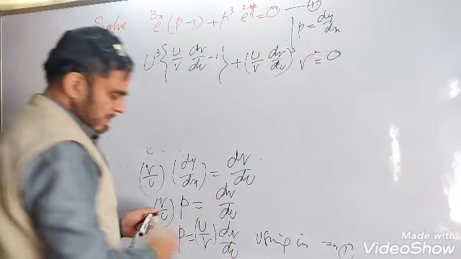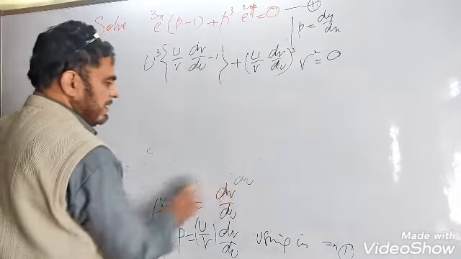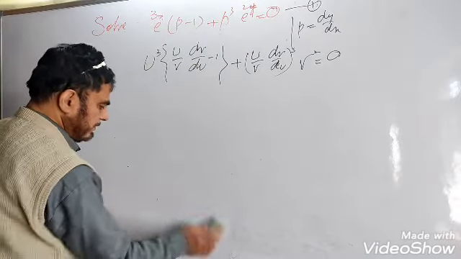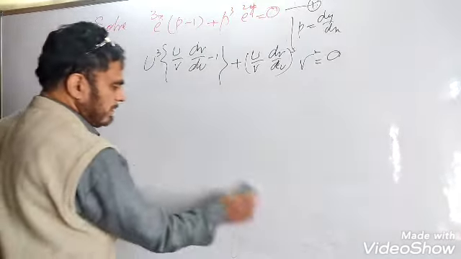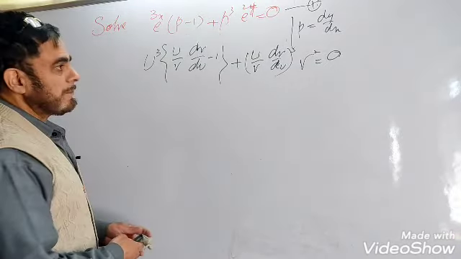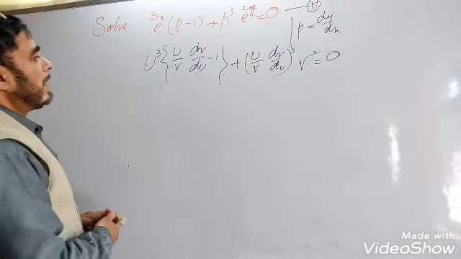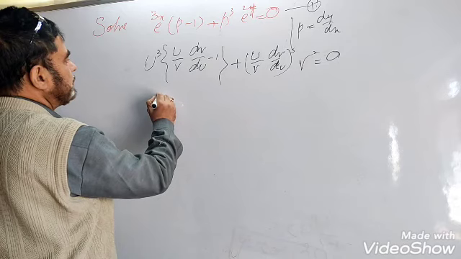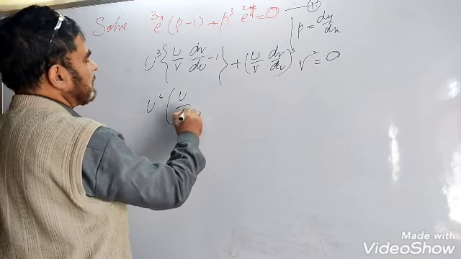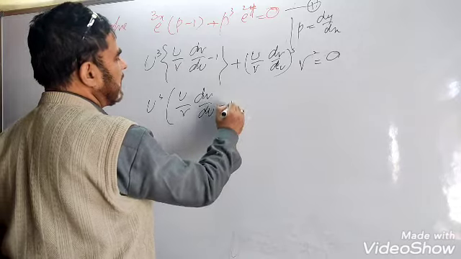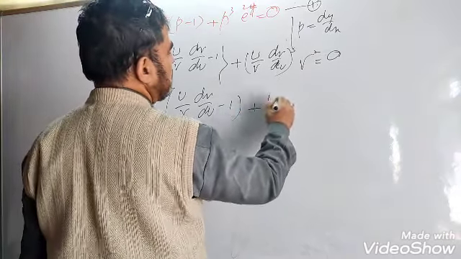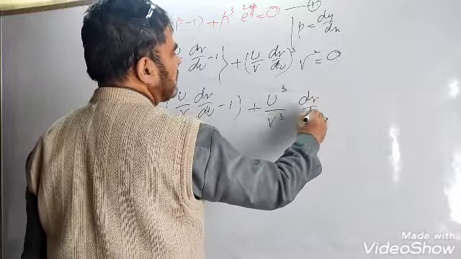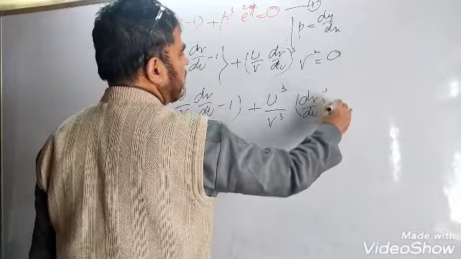Let me simplify this and let us see whether it gets converted into Clairaut's form or not. This you can write as u cube times u by v dv by du minus 1, then plus u cube by v cube, dv by du cube, v square equal to 0.